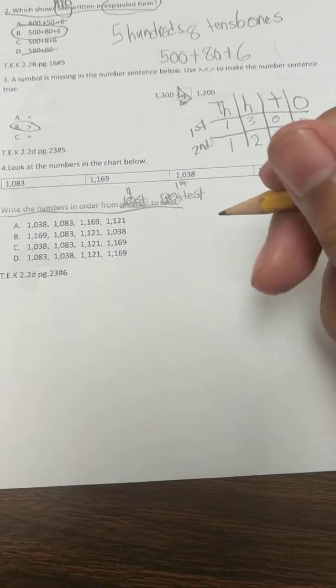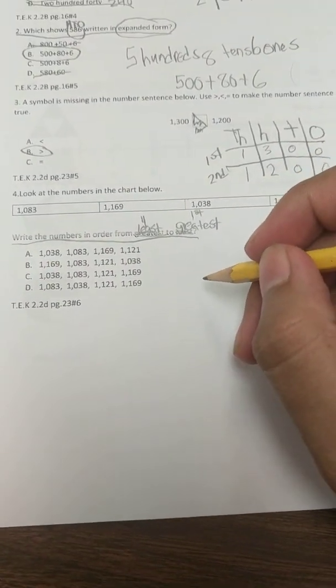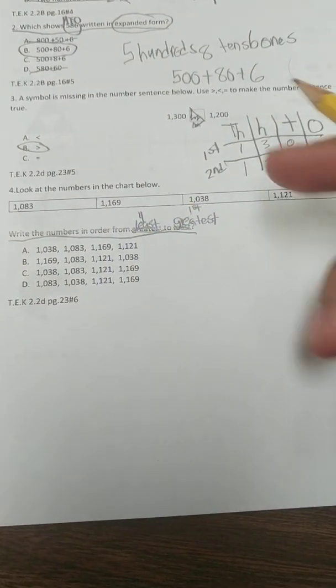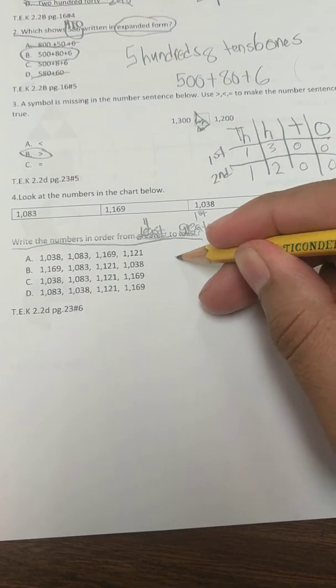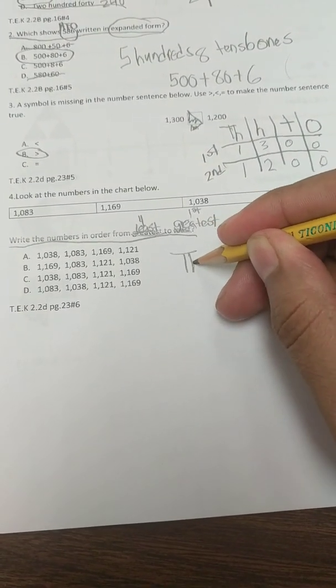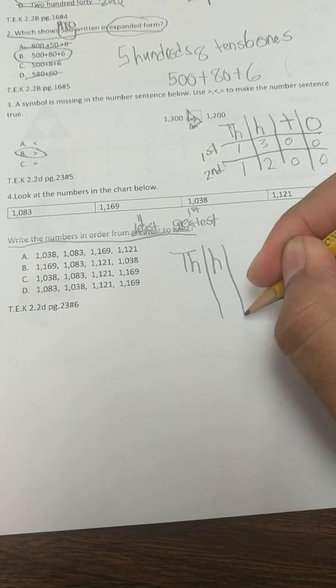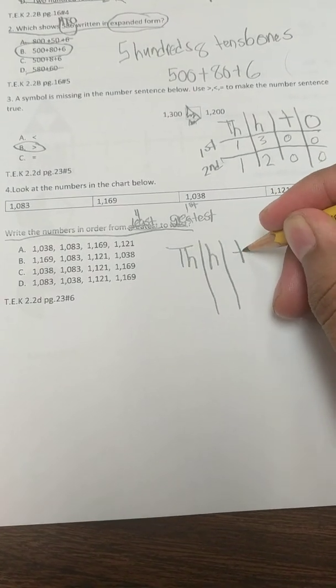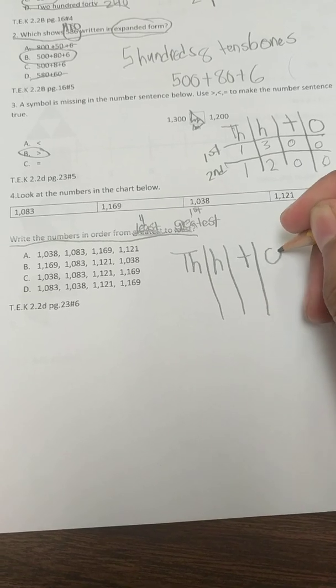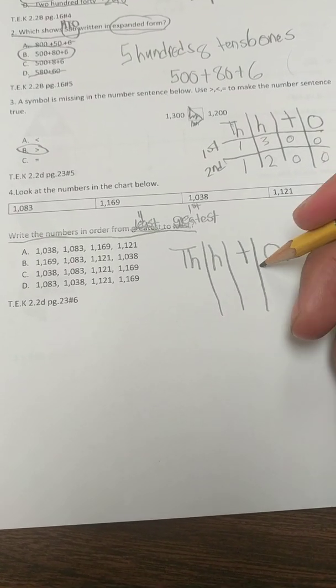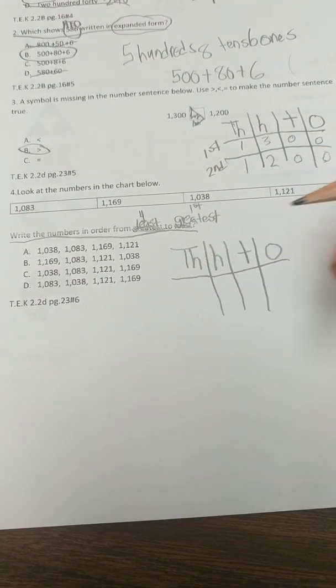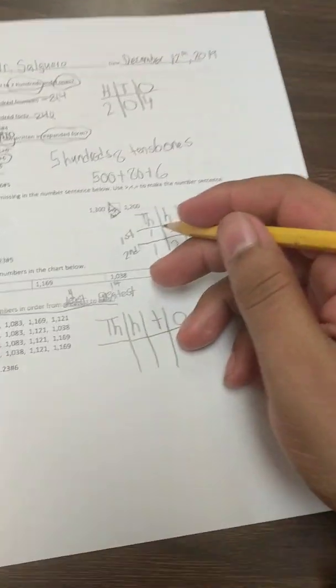So now we're going to do our place value chart. Okay. And I know what we need to find. We're comparing these numbers. So we're going to make 1,000, 100, tens, and ones. All right.